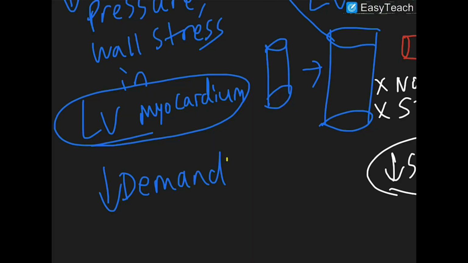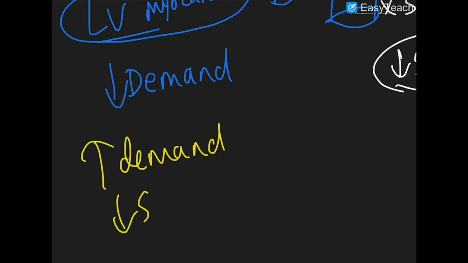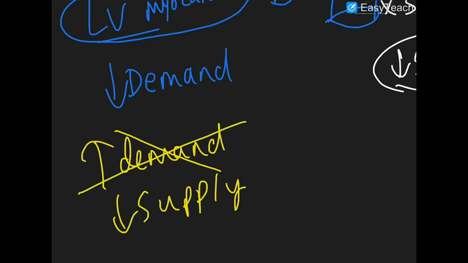And we said angina was a problem of having high demand and low supply. Well, now, because of dilating your veins due to nitrates, less blood makes it to your left ventricle. If less blood is entering your left ventricle, you decrease the preload, you decrease the left ventricular wall stress, tension, and pressure, which means you just reduced the demand.